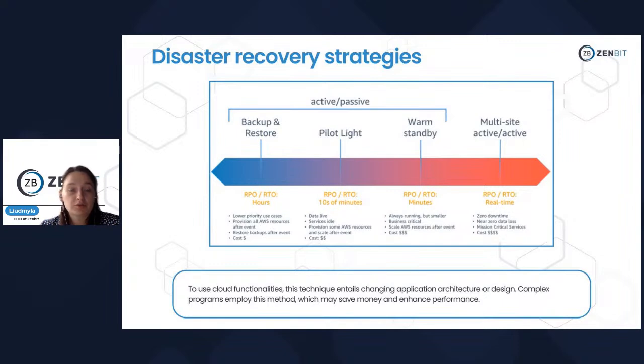So data recovery options in the cloud could be broadly categorized into 4 approaches, ranging from the low cost and low complexity of making backups to more complex strategies using multiple active regions. And actually, these 4 items you can check on the slide.